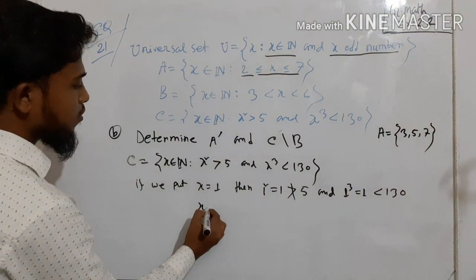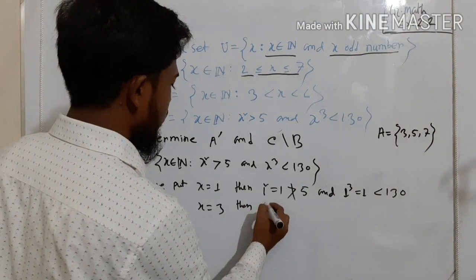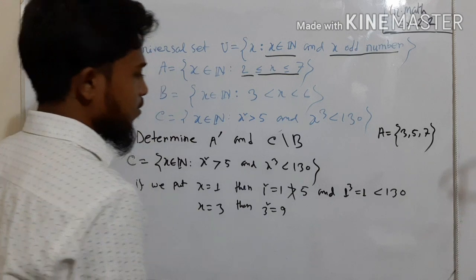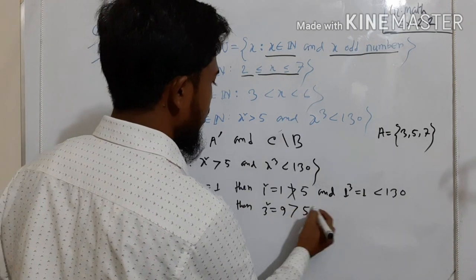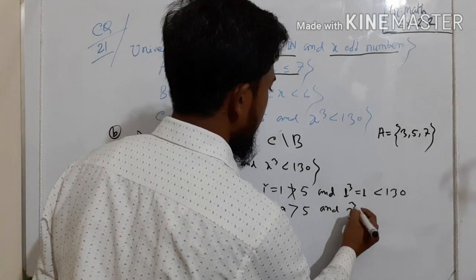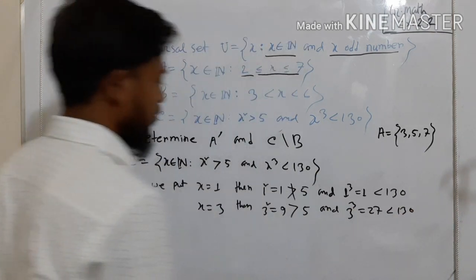If we put x equal to 3, then 3 square equal to 9 is greater than 5, and 3 cube equal to 27 is less than 130.